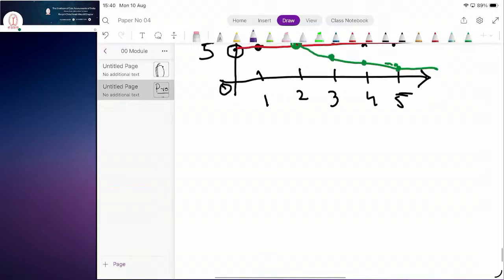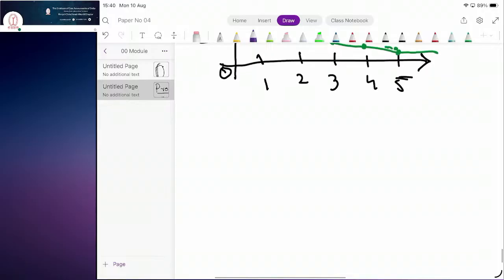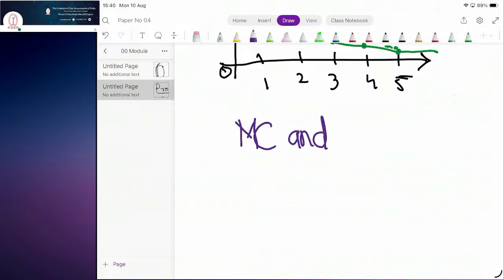Okay, see, the relationship between marginal cost and average cost is important, but I'm not doing it right now because I think I would rather start that in a fresh lecture. But that's a very important relation which we will derive in the next lecture. What is the relationship? Relationship between marginal cost and average cost. I'm going to do this in tomorrow's lecture.